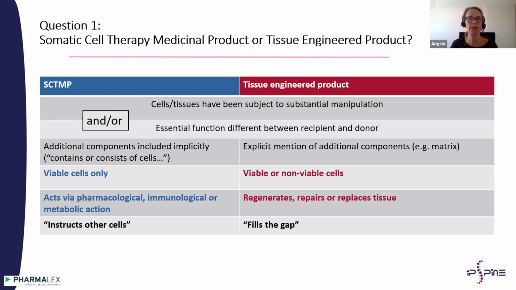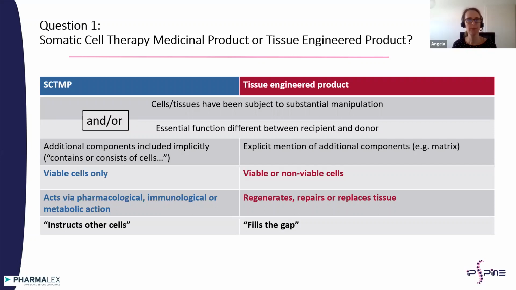So if we try to put this into some kind of picture to make it maybe easier to understand and to keep in mind, you may think that the somatic product is something like an external steering committee, which is implanted into the body to boss everybody around. So this is the sort of product that will instruct the body to do as it should in order to heal.